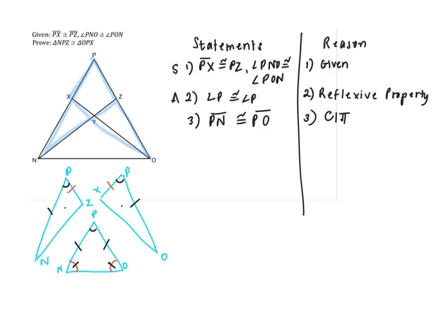So to recap, we already have one pair of sides that are congruent, another pair of angles that are congruent, and then a third pair of corresponding parts that are congruent, which is this one. So from here, we can already state that triangle NPZ is congruent to triangle OPX, and that would be because of the SAS congruence postulate.